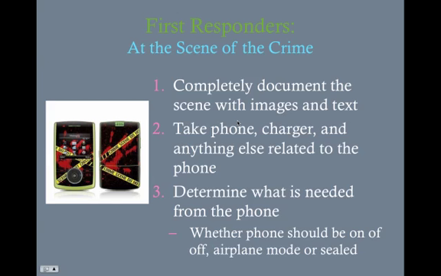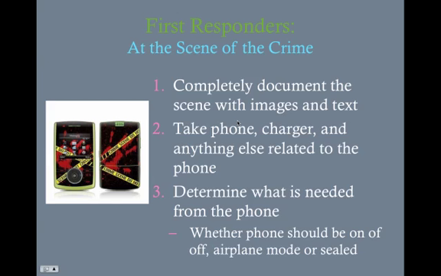Just like in a case involving a computer, similar protocol must be followed when seizing a cell phone for evidence. Once the scene is clear, the entire area must be documented using both detailed text descriptions and images. Next, anything related to the cell phone must be taken, including the charger and any information on passwords and external storage cards and devices.